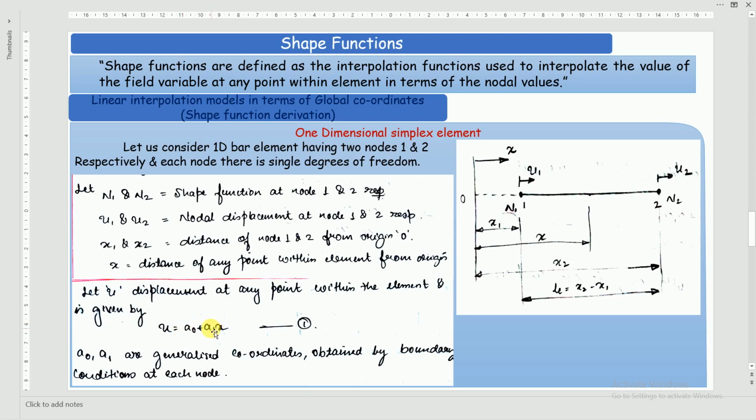In order to find out the generalized coordinates, we'll be applying the boundary conditions. Let me know once you finish taking it down.